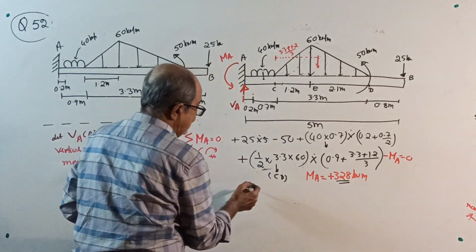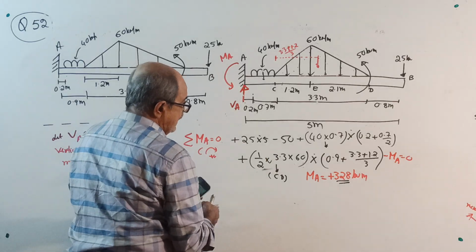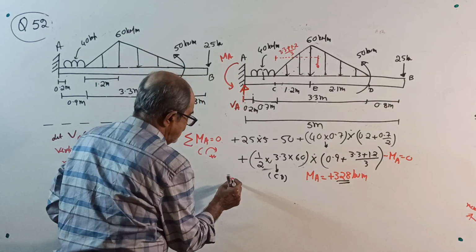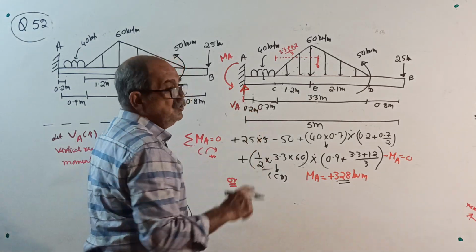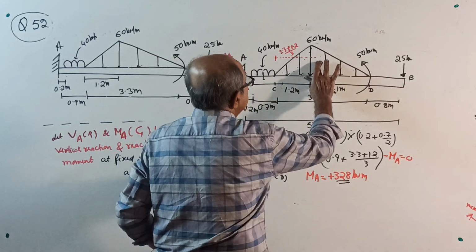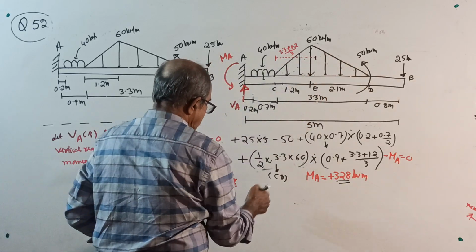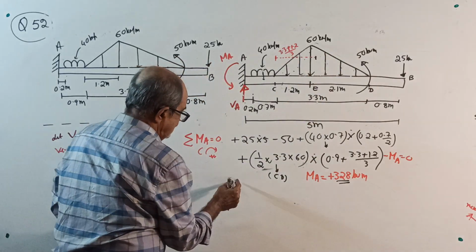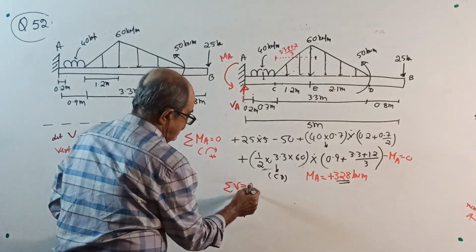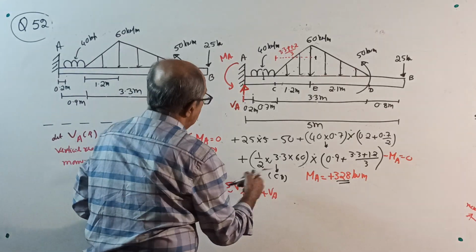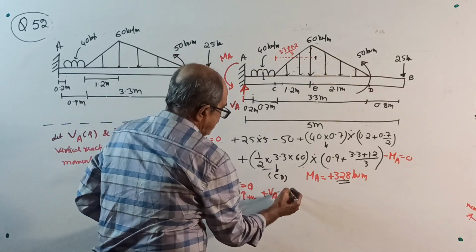Okay, now do one thing. Write here, or make a note. First you finish the question. Sigma V equal to 0, upward positive, plus VA minus 40 into 0.7.